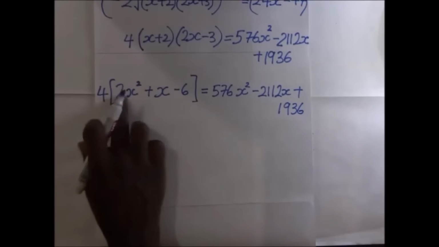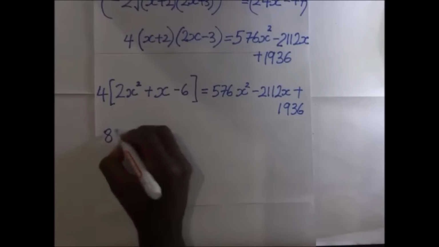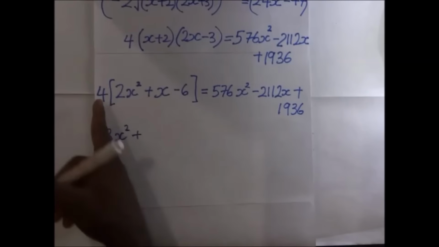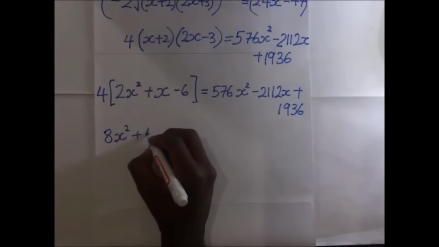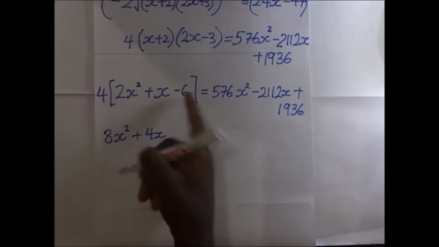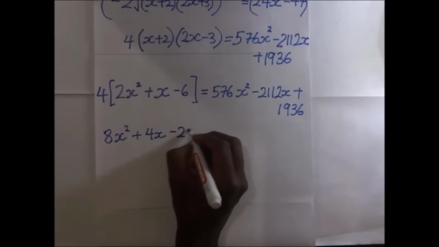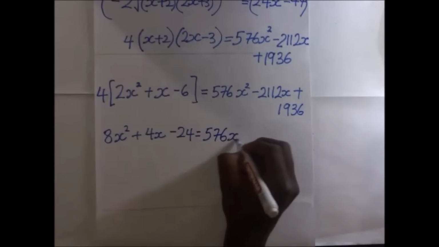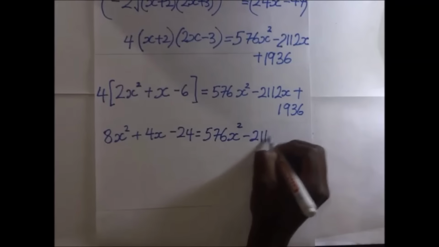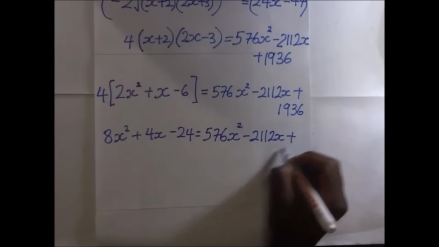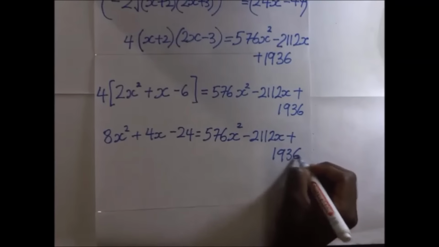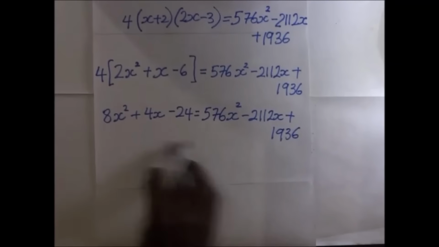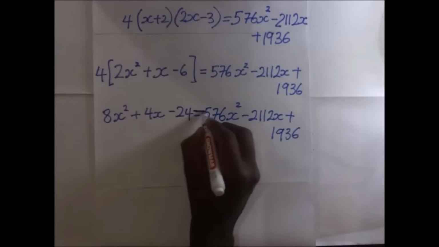So when we open brackets, 4 times 2 is going to give us 8x squared plus 4 times x, that is going to give us 4x. 4 times negative 6 is going to give us minus 24. Should be equal to 576x squared minus 2112x plus 1936. So we formulate one quadratic equation from all this.